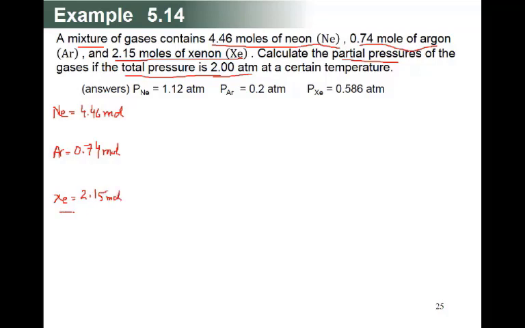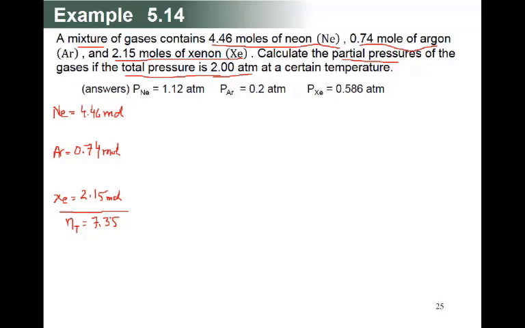And we have to make the total number of moles. So the total number of moles, NT, will be 7.35. This is the total number of moles.